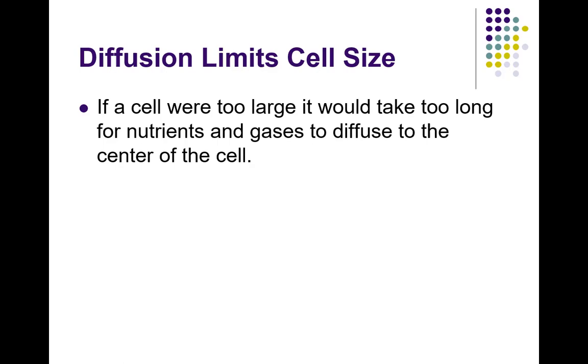No, that's too big. Basically, diffusion really limits the size of cells. They can't get too big because it would take too long for nutrients and gases to diffuse into and out of the cell and allow for those activities to happen. So single cells can't get massive. You don't see baseball-sized cells.